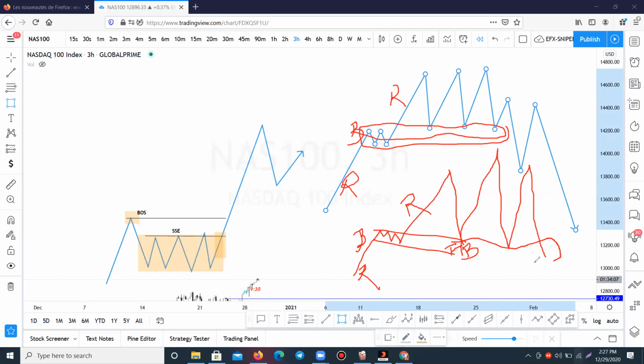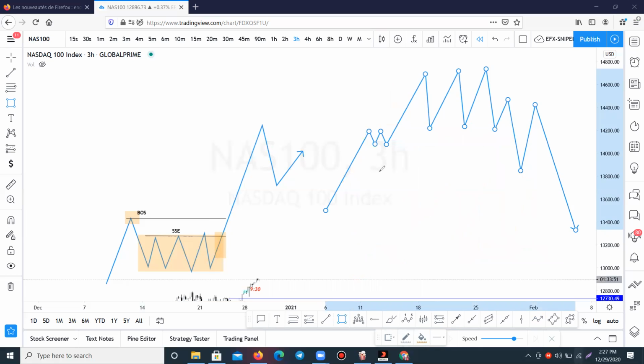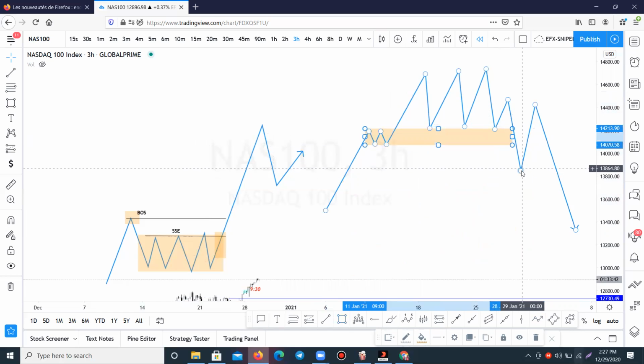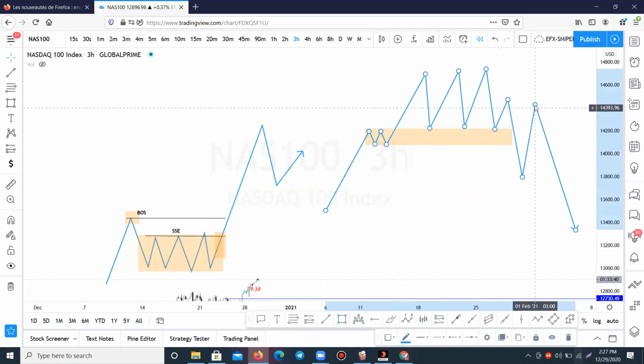already this zone here, this demand, starts becoming weak. Significant bit. You see, it starts becoming weak. The more we touch this demand level, the more we make it become very weak. So when market breaks this area, let me do something like this. When market breaks this area, this is where the break happens.